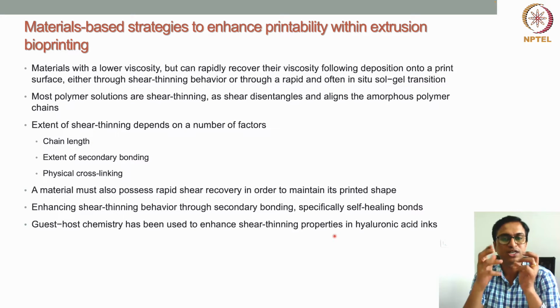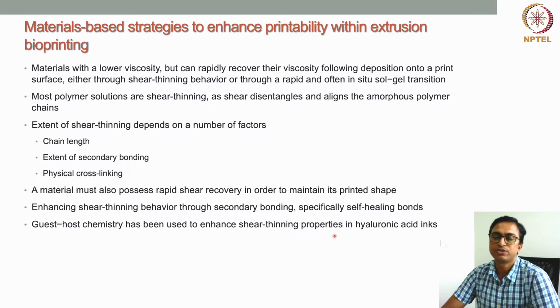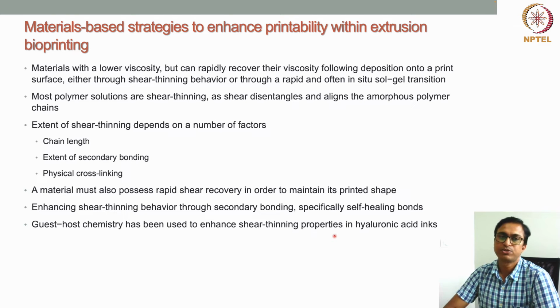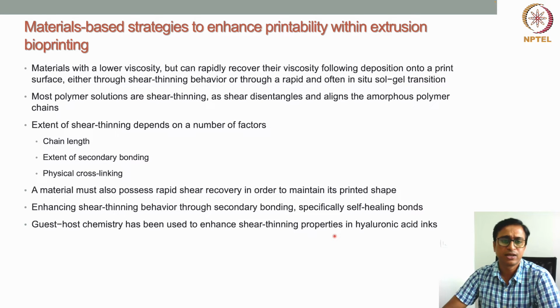That will hold the shape together, prevent deformation and spreading of the material, and facilitate self retention. These two strategies are mostly used for enhancing printability with extrusion-based bioprinting, and most of the polymers for extrusion-based bioprinting are of this category. They are shear thinning in nature.